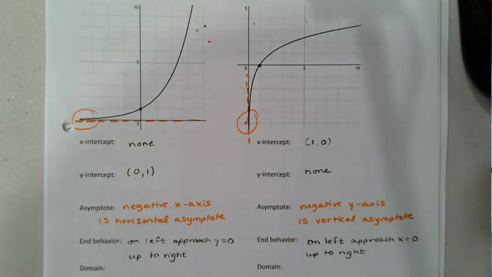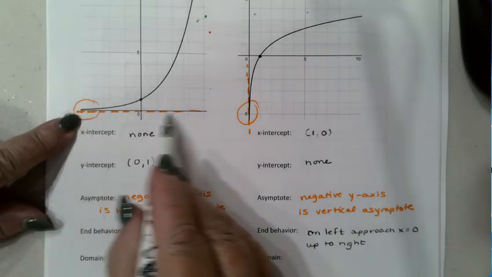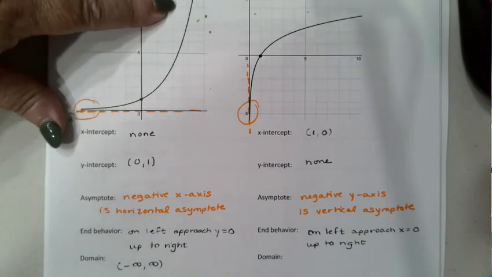All right, domain and range. The domain, we've already said, is negative infinity to infinity for all of our exponential functions. And notice that my range here, the smallest y value is almost 0, but not quite. So parentheses with the 0, and then it goes up to positive infinity.